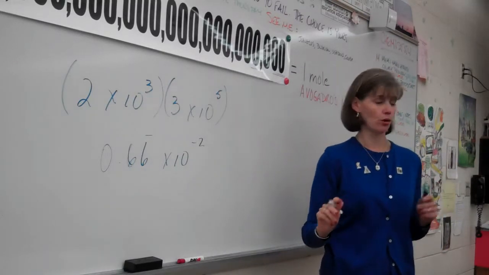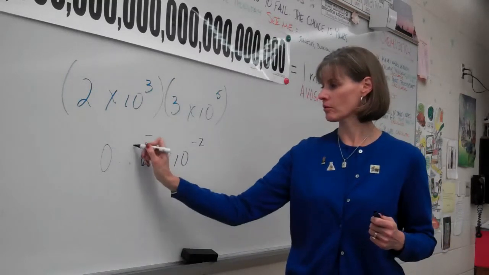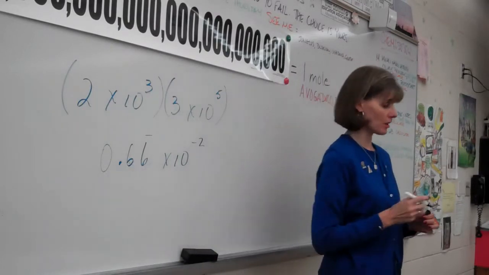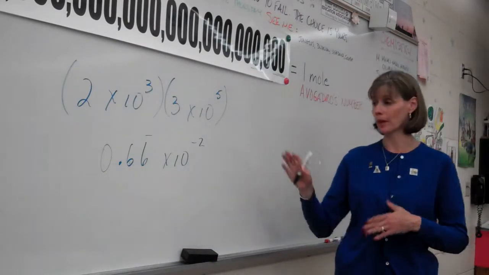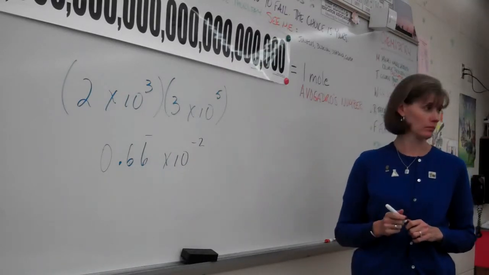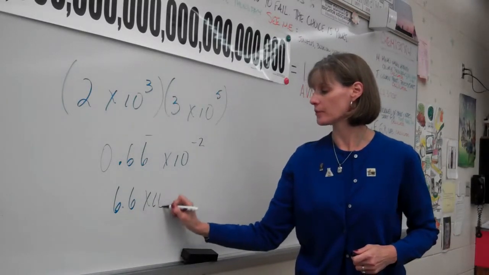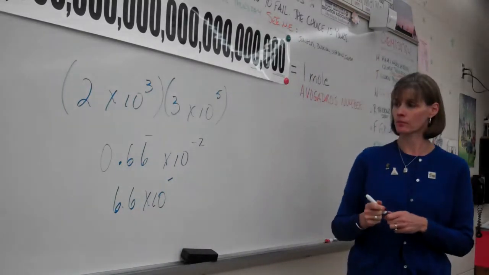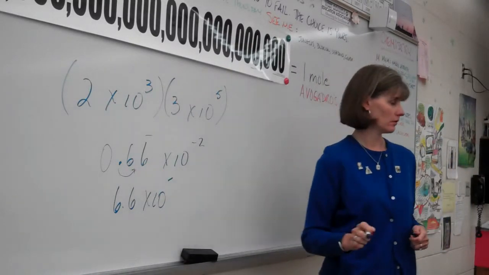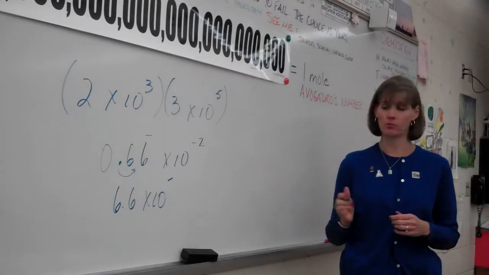No. Let me write my 6 better for the viewing audience. 0.66 is not a number in correct scientific notation, so we might have to do another step here. How do we write this correctly? 6.6 times 10 to the negative what?